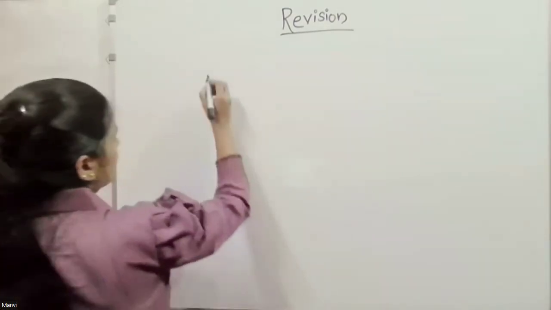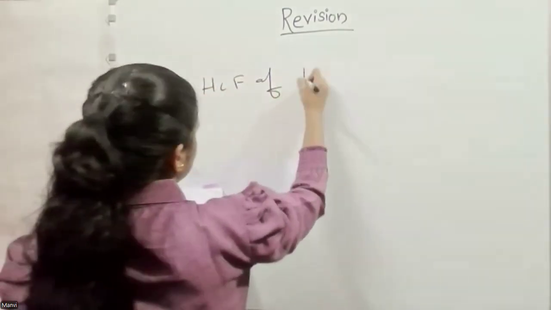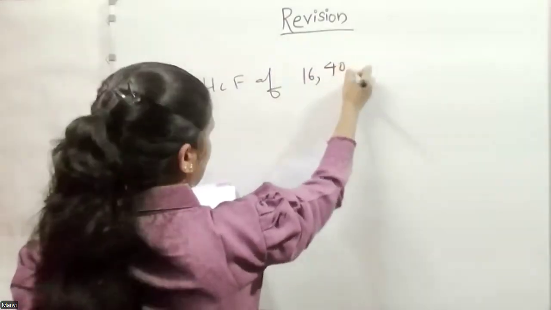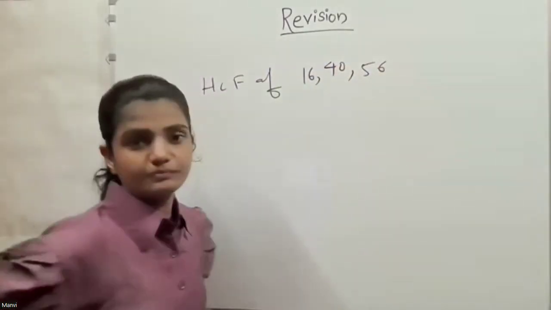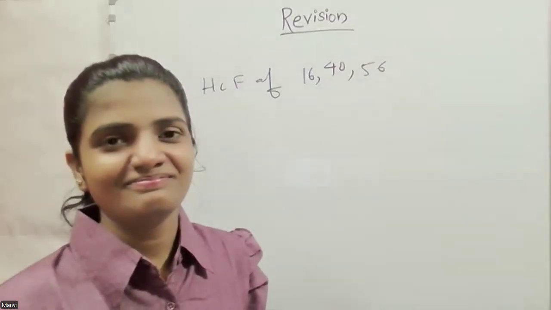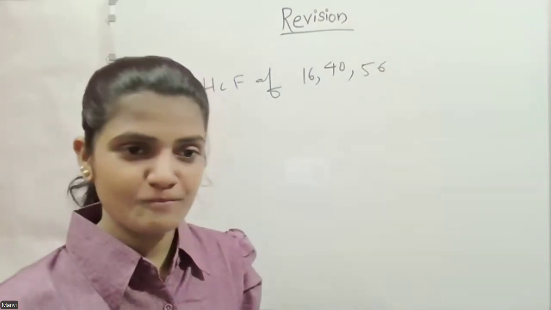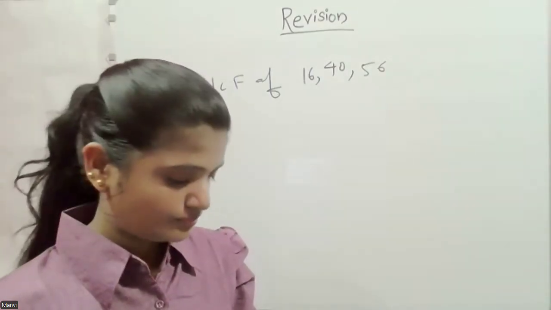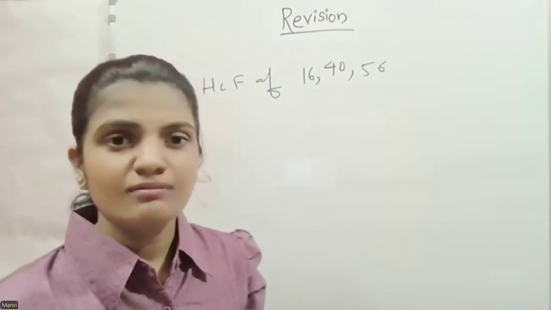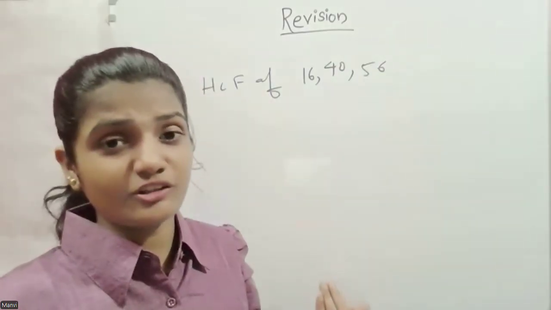What is the HCF? Find the HCF of 16, 40, and 56. 1, 2, 4, 4. HCF. Why did you find that? Tell me, are they all the common factors or the factors?